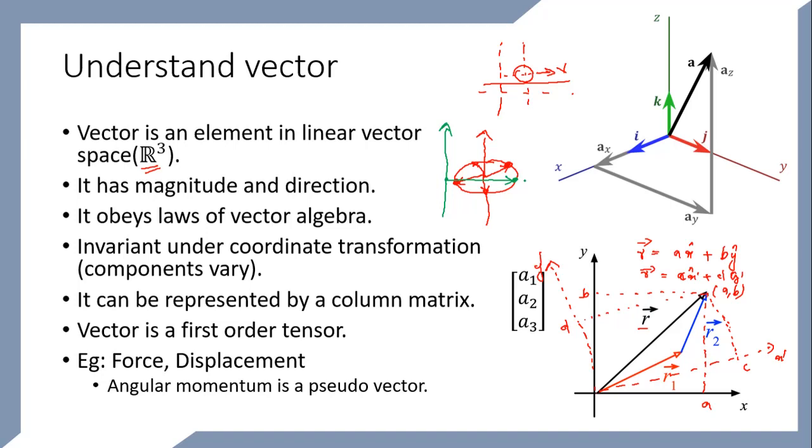But as we know the physical quantity angular momentum remains the same, so considering this case, we can say that the angular momentum vector does not hold the property of invariance under coordinate transformation. So we have to say angular momentum is a pseudo vector. Hope I have given you a mathematical understanding of what a vector is.